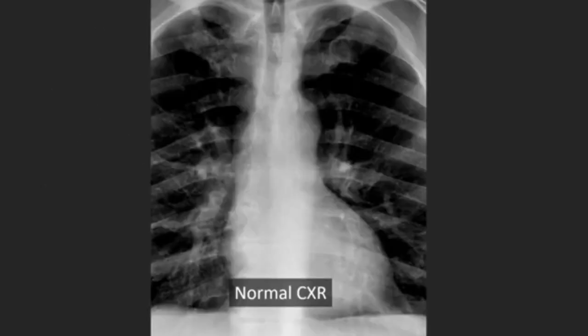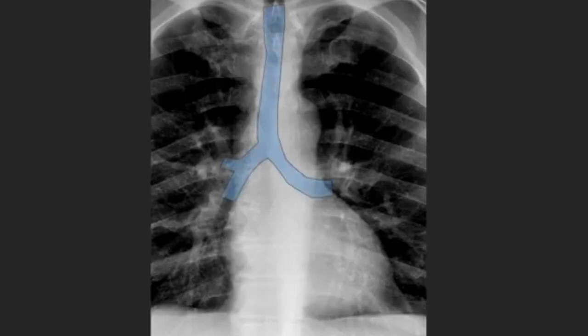So this is the normal chest x-ray. And those are your airways: your trachea, that's your carina, and it bifurcates to your right main and to your left main. Notice that the right main is shorter and more vertical. And that's the highlighted area where your main pulmonary artery is.